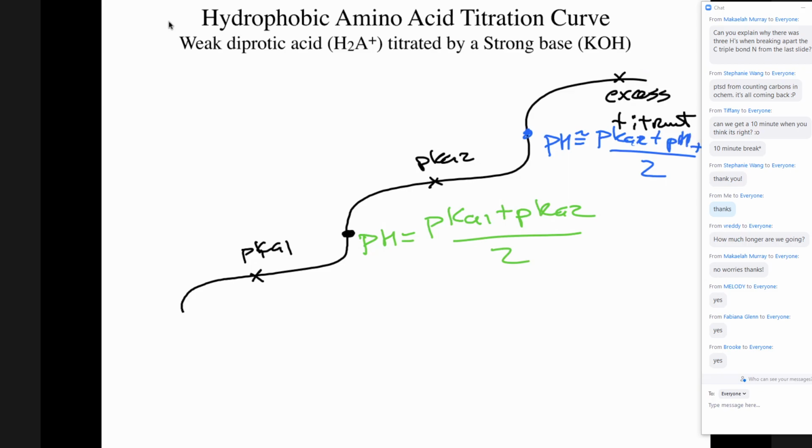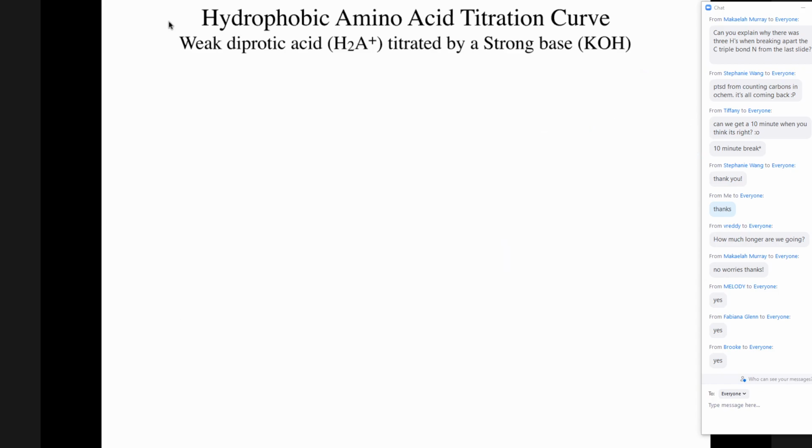Hopefully that seems familiar. Okay, I'm going to take advantage of this by now applying it specifically to an amino acid. So this is a key thing that we're going to use in both GChem and biochem. So I'm going to erase this.